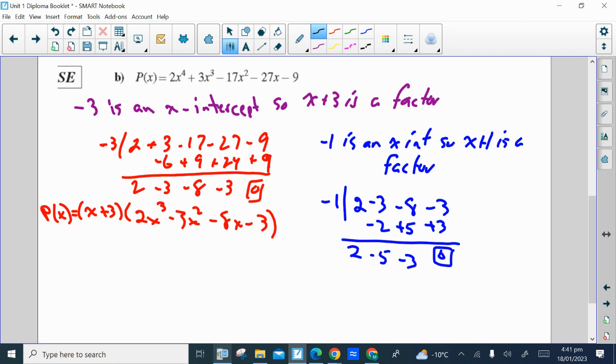So when you write your factors, don't forget about the x plus 3 factor that we found from the first synthetic division. Then we have our x plus 1, and then we have 2x squared minus 5x minus 3.